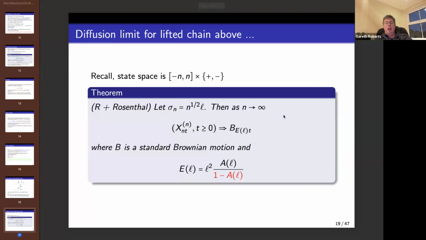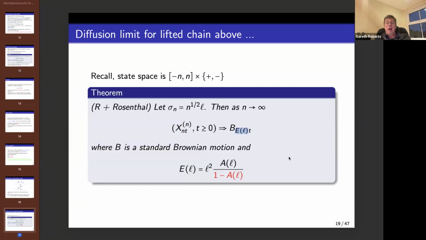And so this is something that we showed: if you look at this problem, there's an invariance principle that you can get for this problem, which is completely analogous to the Donsker result, which basically tells us that you converge to Brownian motion, again, speeded up by a factor of E of L.